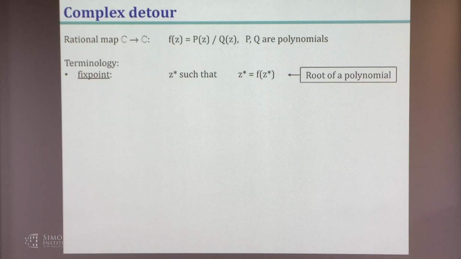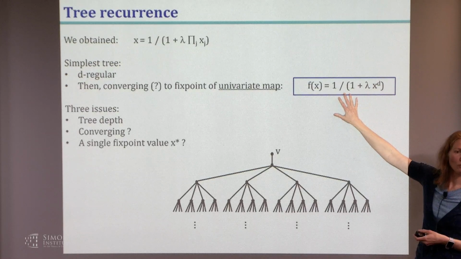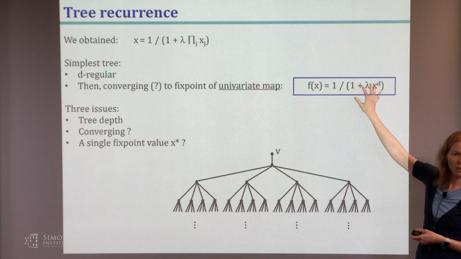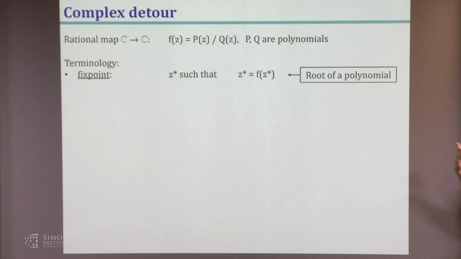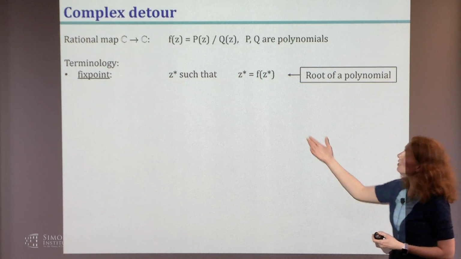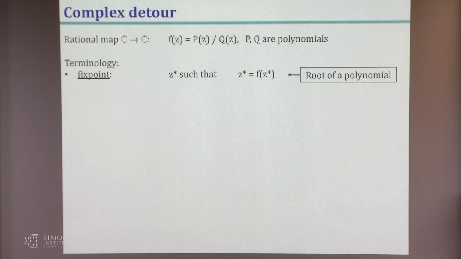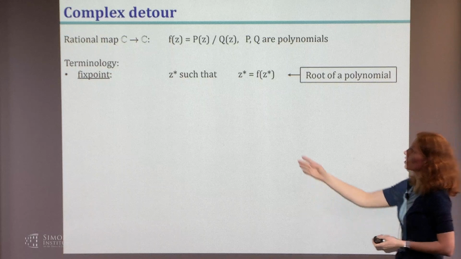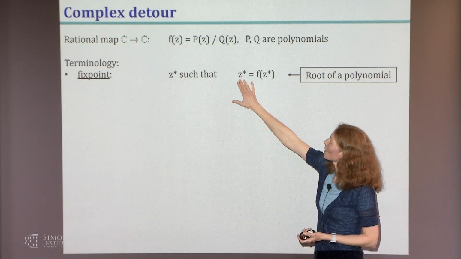And what we are going to work with, if you look back at our recurrence, this is just a rational map, a polynomial divided by a polynomial in lambda. So a little complex detour: when I have a recurrence that can be written as a rational map, then I can talk about its fixed point, which is, well, I can do it anyway, but in this case I will be talking about rational map fixed points.